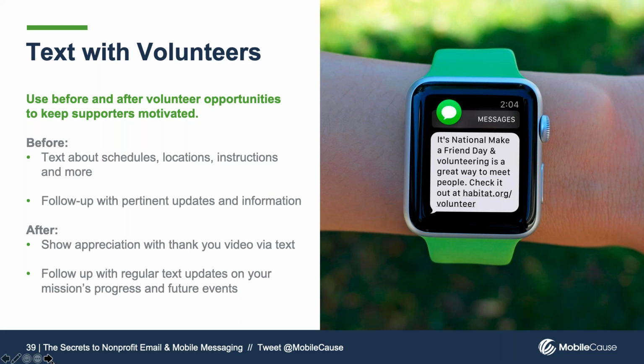Maybe they need proper footwear or to bring a packed lunch. You need to make sure your volunteers are aware of all these things. Give them directions, or maybe there's a weather incident and you need to push the volunteer date. Text messages are a great immediate way to send this information to your volunteers.